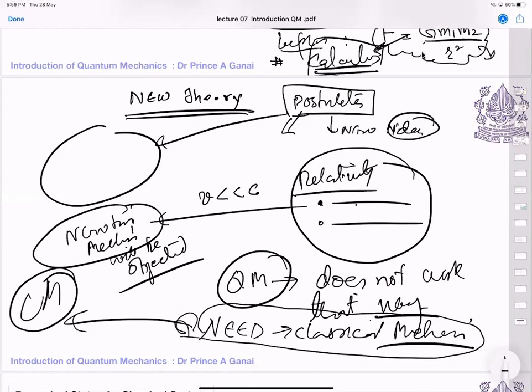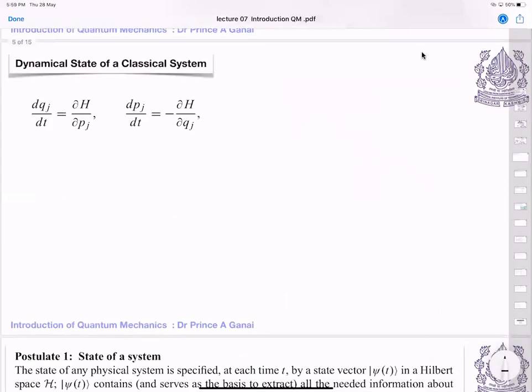So this is how the theory is formulated. Since we need classical mechanics to formulate a quantum theory, in order to give the postulates of quantum mechanics, we'll have to visit the classical domain a bit, and then we will propose the postulates of quantum mechanics.